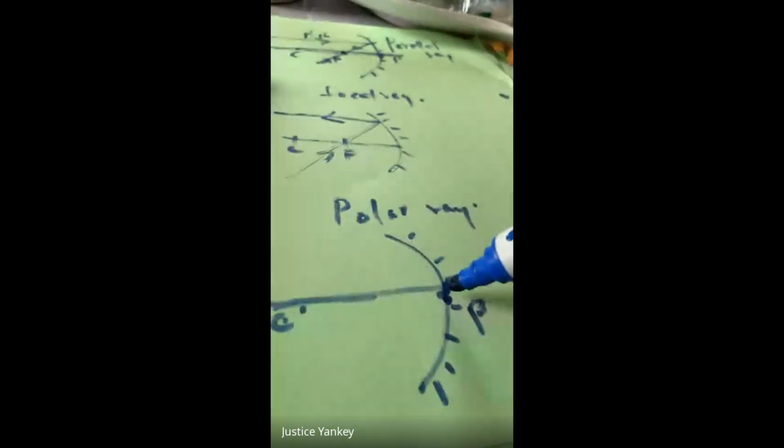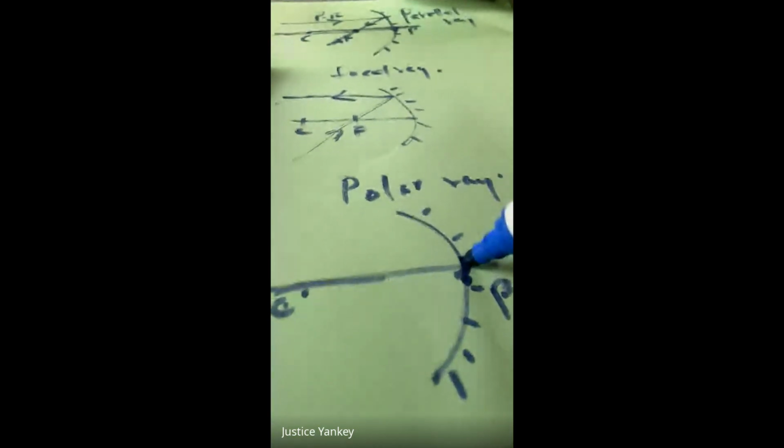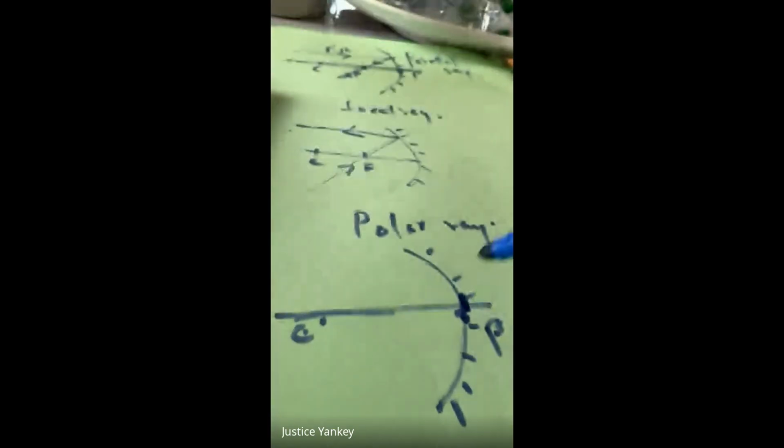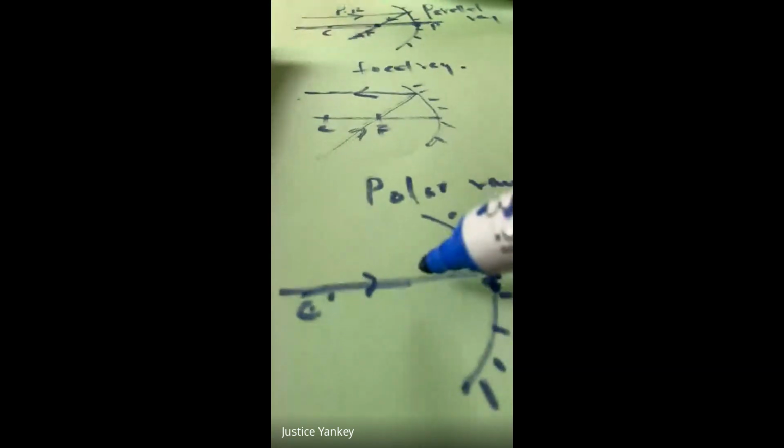Now remember, the principal axis meets the surface of the mirror at right angle. So it's like a normal, as we said, when the ray passes through the center of curvature, it will be reflected back.